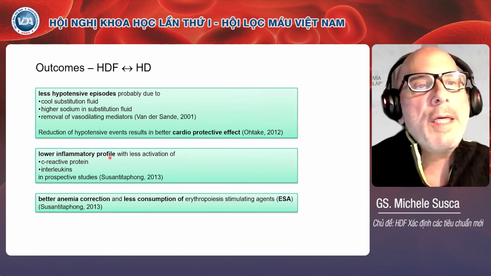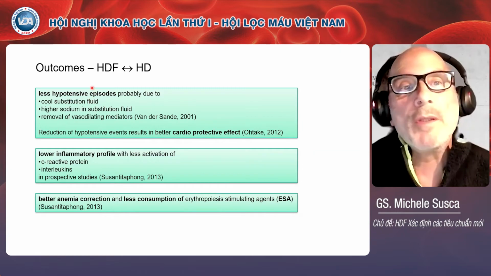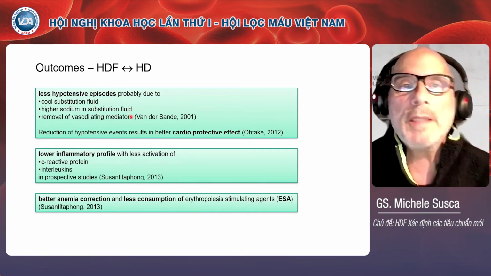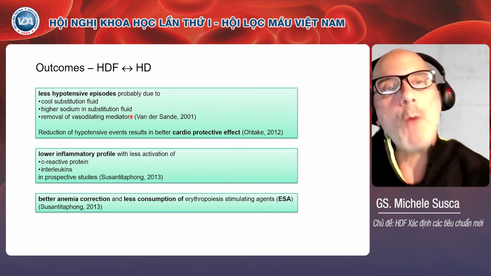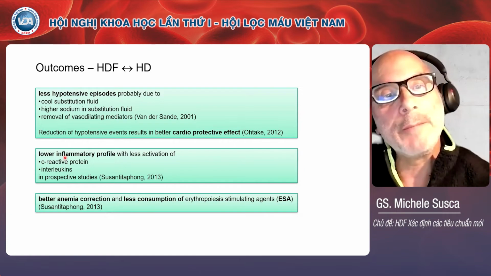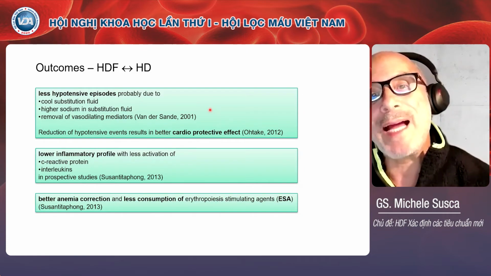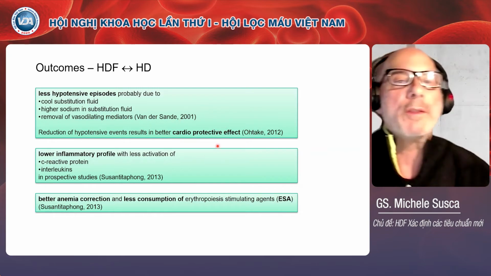Let's continue. Just as I told you already, there are fewer hypotensive episodes. This has been confirmed in this study here, and you know why. One conclusion is that the reduction of hypotensive events results in better cardioprotective effects. Quite important.